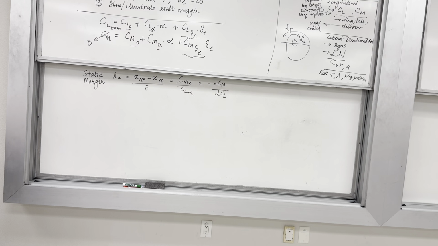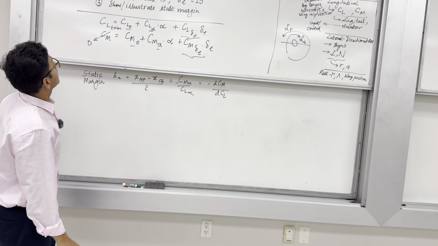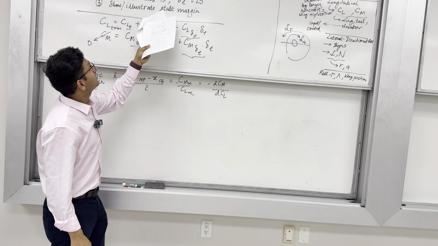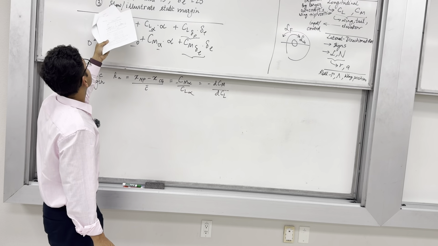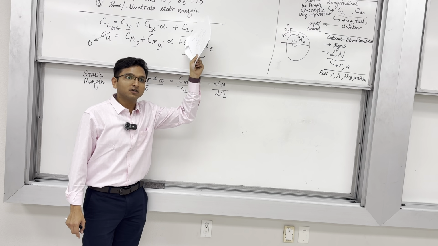Any doubts up until here? Now, what are you going to do next? If alpha max is given to you and I want to find the most forward CG limit, should it be happening at a positive deflection or a negative deflection?